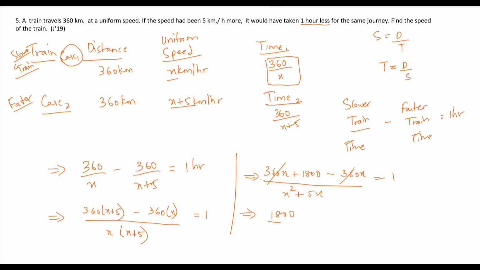We'll be left out with 1800 by x square plus 5x is equals to 1. This is equal to 1800 is equals to x square plus 5x. This multiplies here. Hence we have a quadratic equation, that is x square plus 5x minus 1800 equated to 0.